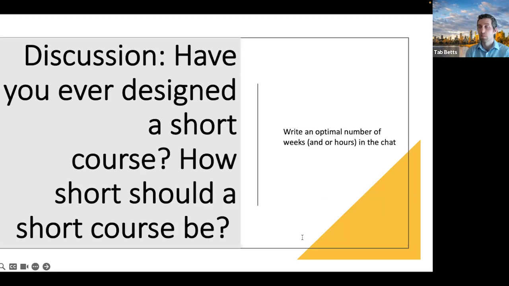So, for example, I run Fundamentals of Teaching and Learning in Higher Education, and it's got basically 15 hours contact time, and we do that over 5 workshops. So each workshop's 3 hours, and we sometimes do that in a really intense way, like over 2 weeks, or we sometimes space it out, so it's like one 3-hour workshop a week over 5 weeks.